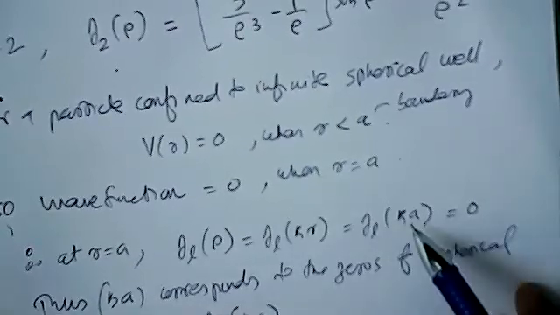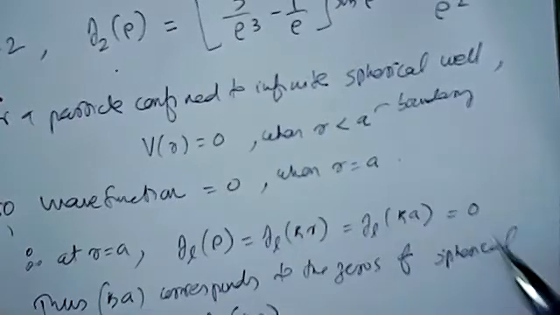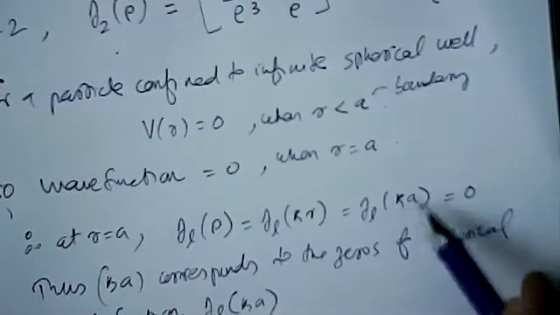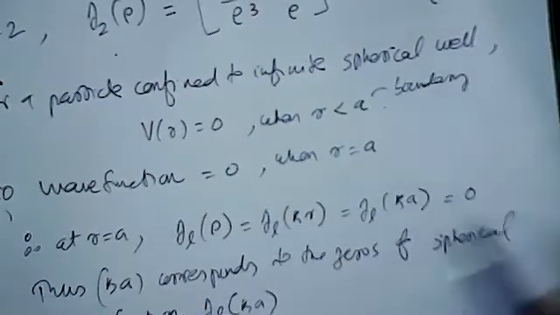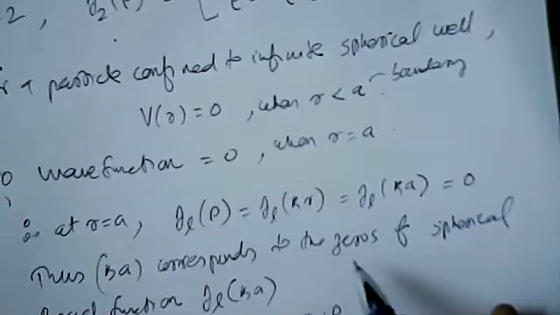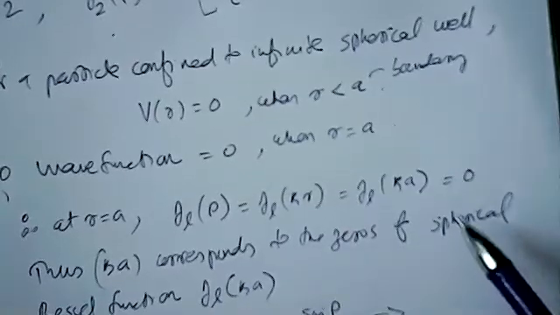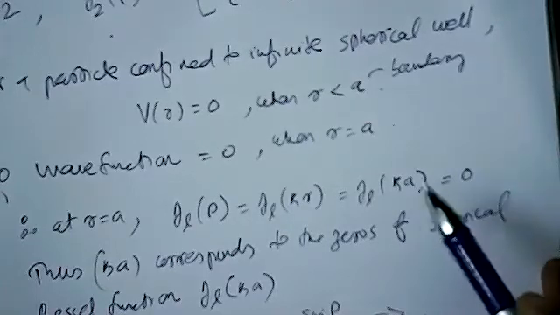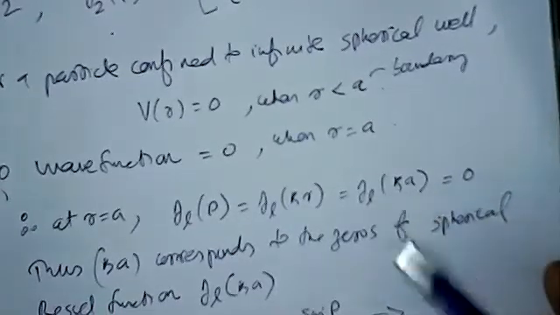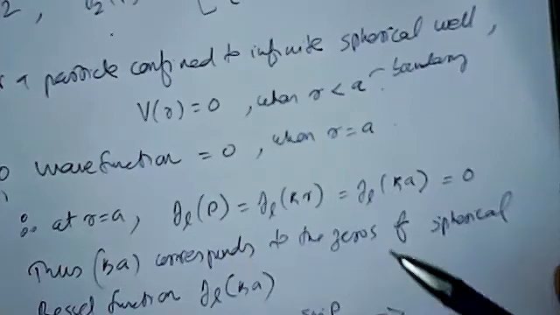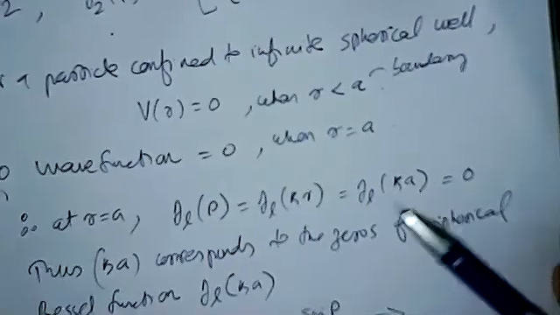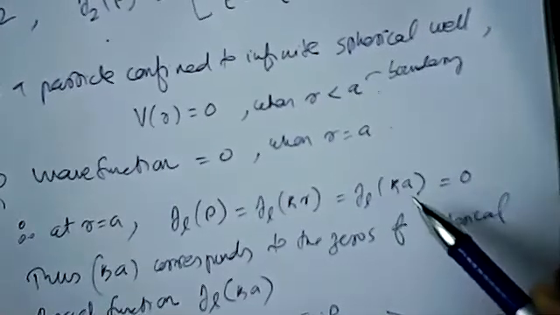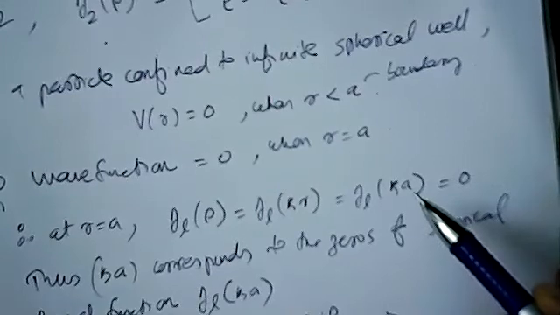j_l of ka equal to 0. Okay, so what is ka? The wave function is 0, so ka corresponds to the zeros of the wave function. The wave function can be in the ground state, first excited state, second excited state, etc. Whatever be the case, at the boundaries the wave function should vanish because it is infinite potential.